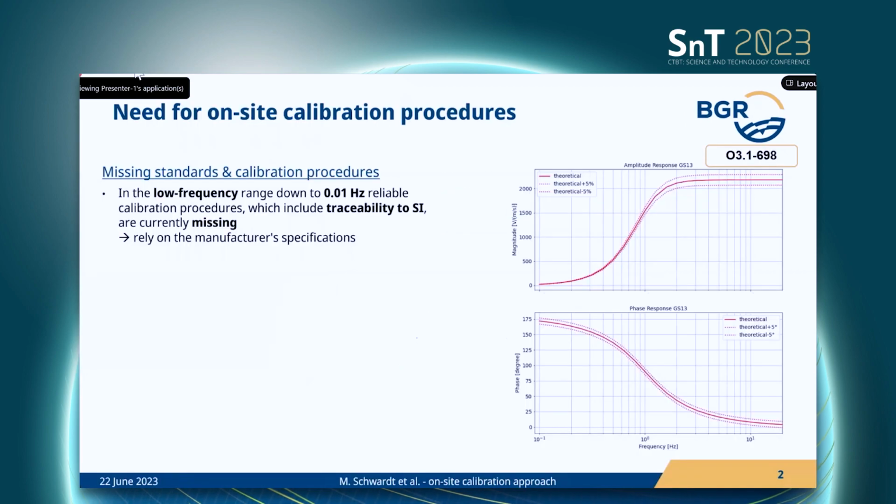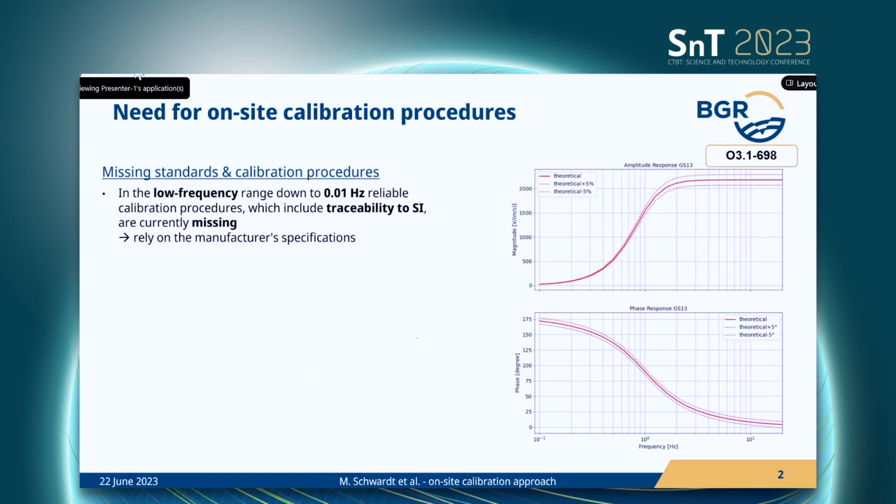To start with, why do we need on-site calibration procedures? Dominique already pointed out that it is a requirement from the CTBTO. In the low frequency range down to 0.01 hertz, reliable calibration procedures, which include traceability to SI, are currently missing or are currently being established.